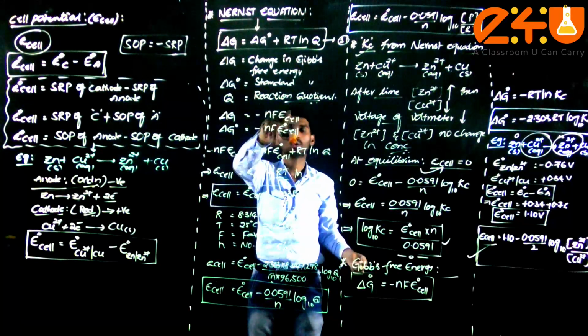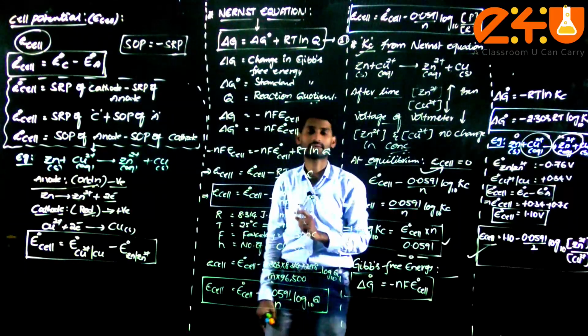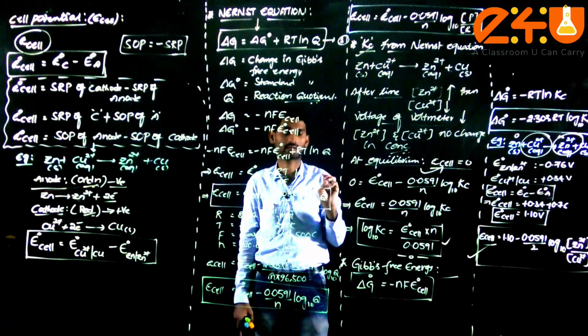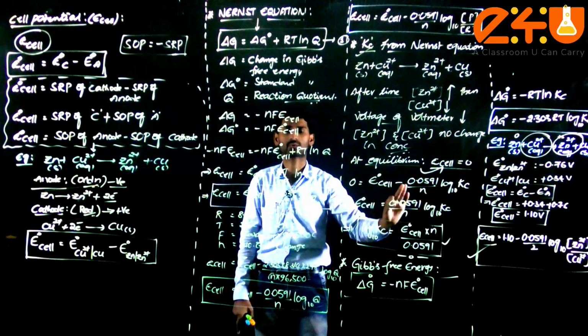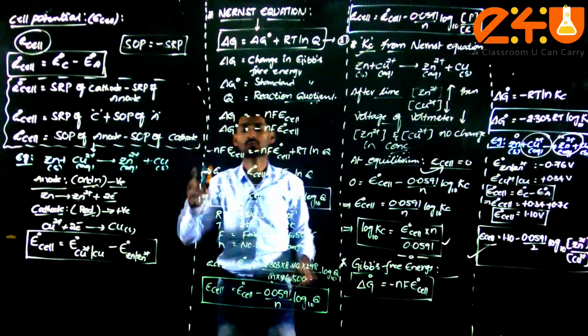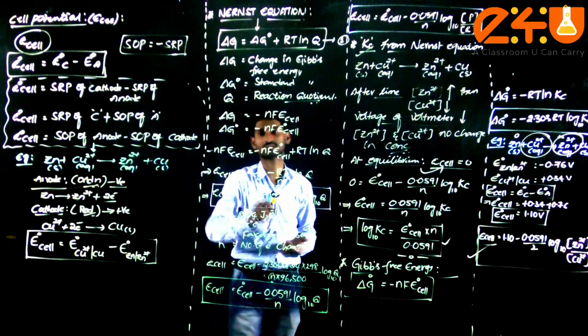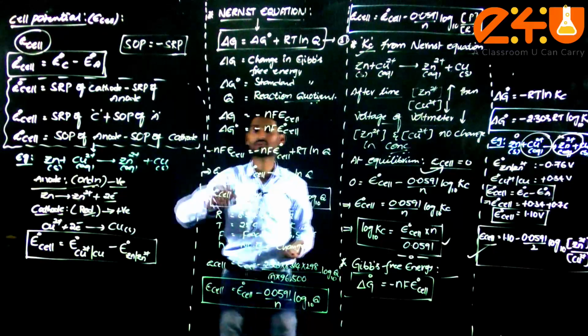There, LOAN: left side oxidation, anode, negative. RRCP: right side reduction, cathode, positive. In an electrolytic cell we don't use a salt bridge, but in a galvanic cell we use a salt bridge. We already know the salt bridge functions.